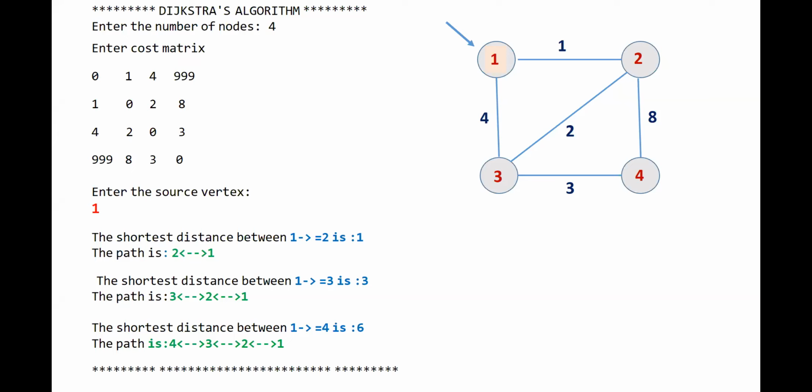You can cross check. The cost matrix: 1 to 1 is 0, 1 to 2 is 1, 1 to 3 is 4, 1 to 4 there is no direct edge, and hence this is represented as 999.